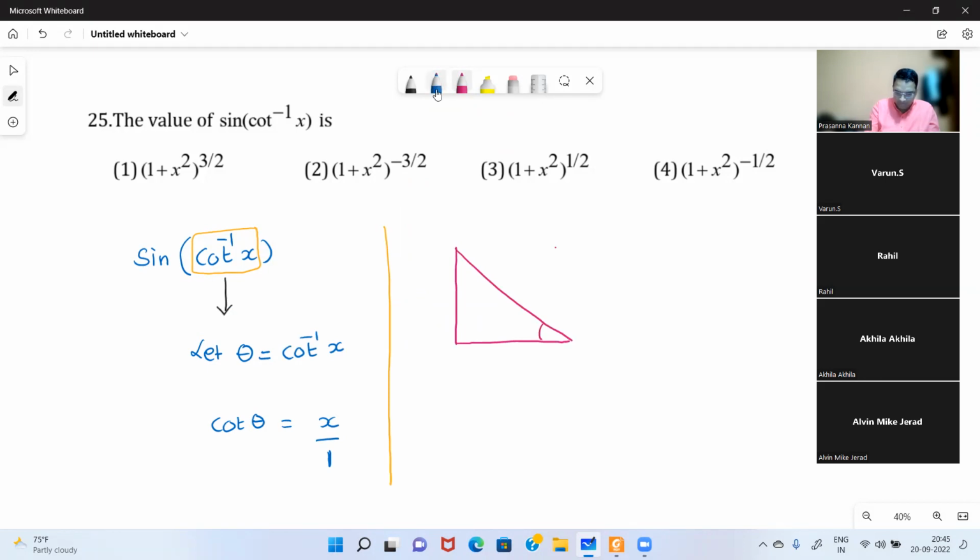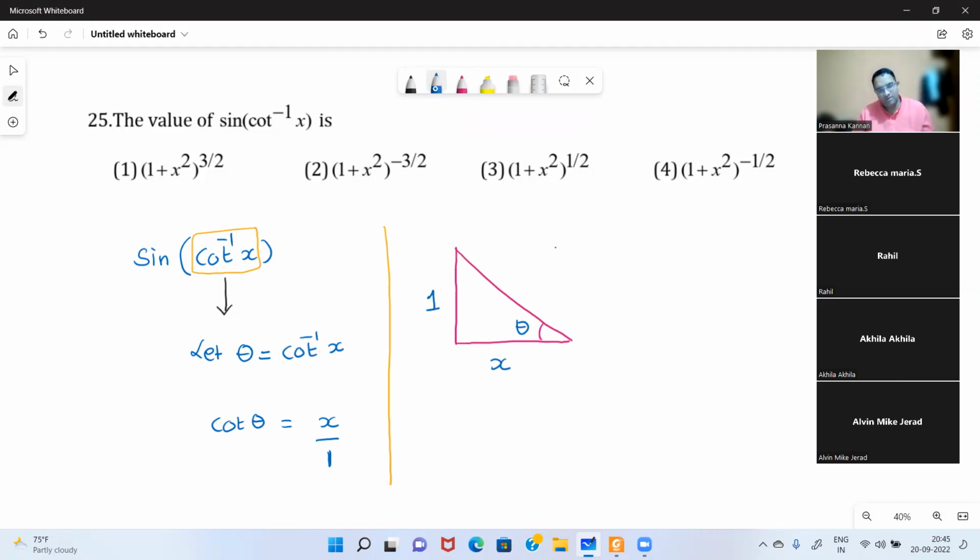Let this angle be theta. Cot theta is what? Adjacent by opposite, correct? So adjacent is x and opposite is 1.